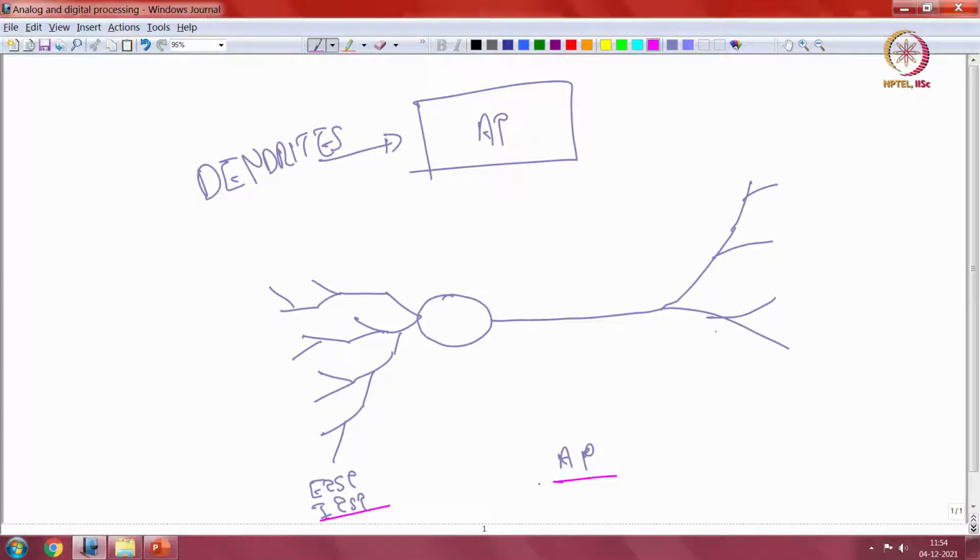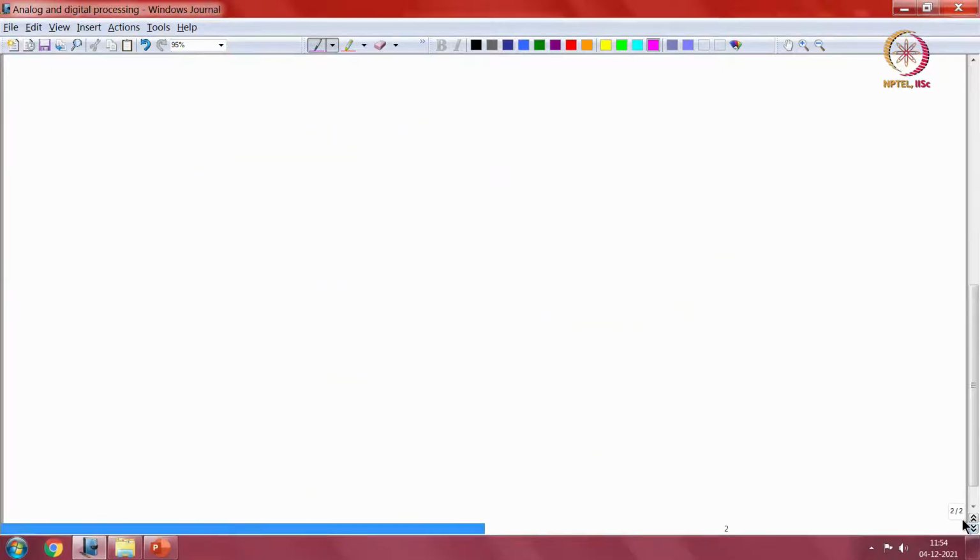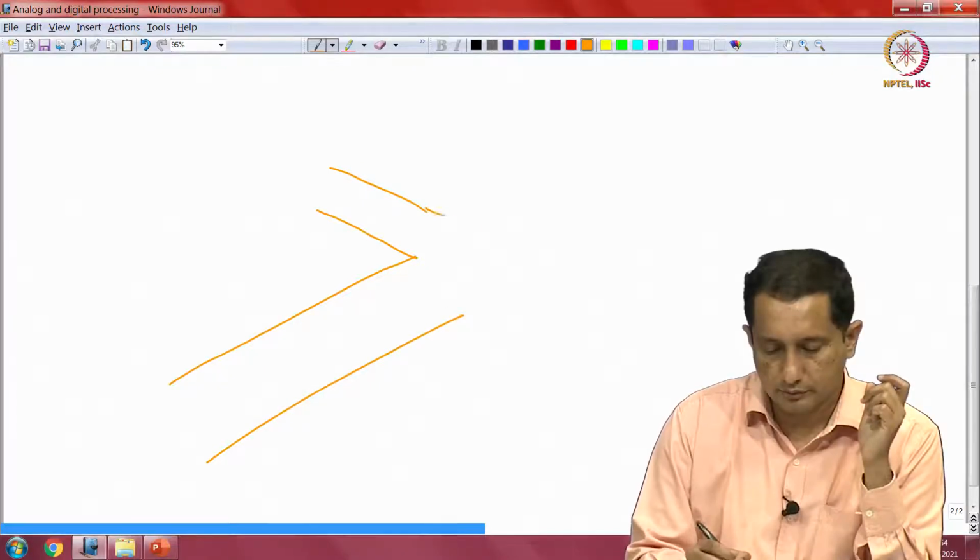So, what is an EPSP? I think we will have to go back a little to understand that these are currents which are generated. Now, we will look at the dendritic part of the story first. So, we go back to the membrane, and then you have a different membrane.